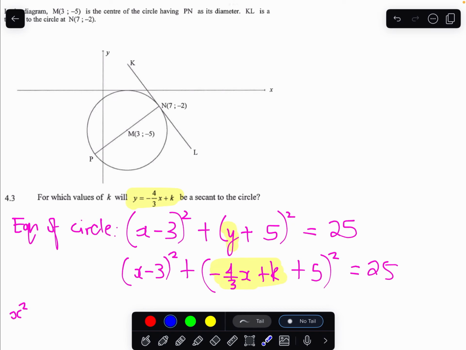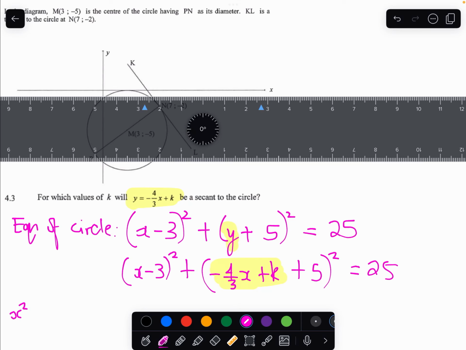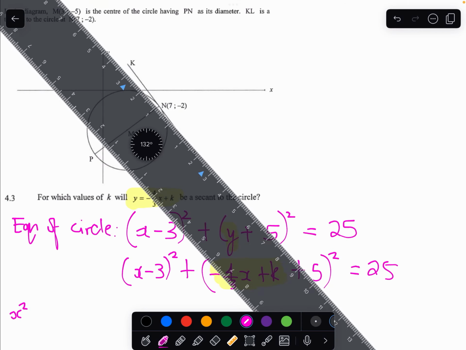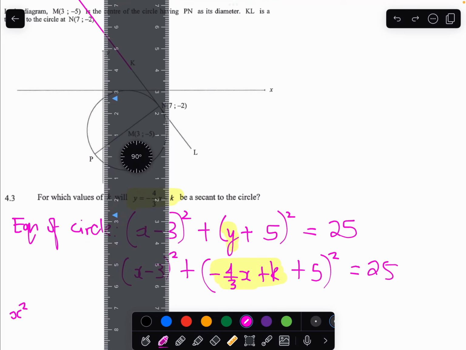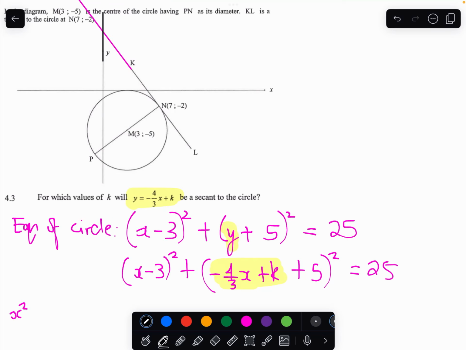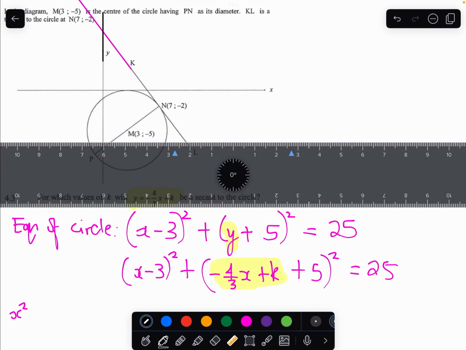So if we just imagine we complete, well, let me do it with my ruler. Okay, actually this ruler is useful to keep around.